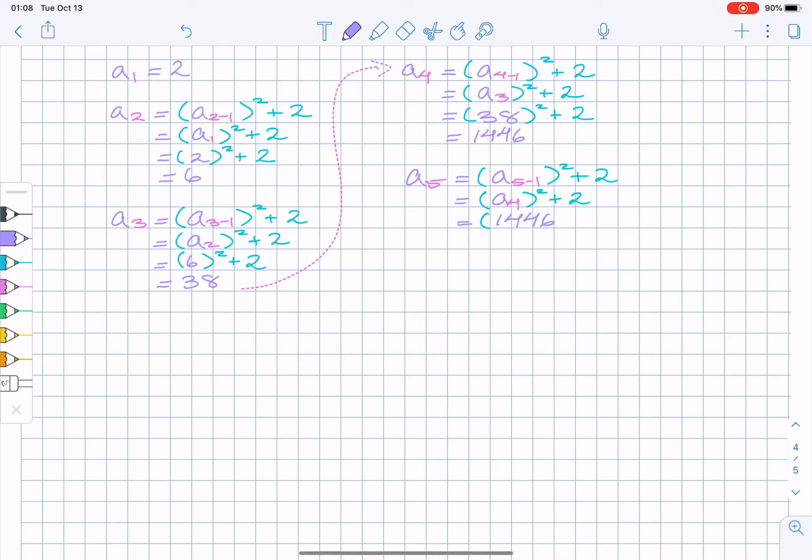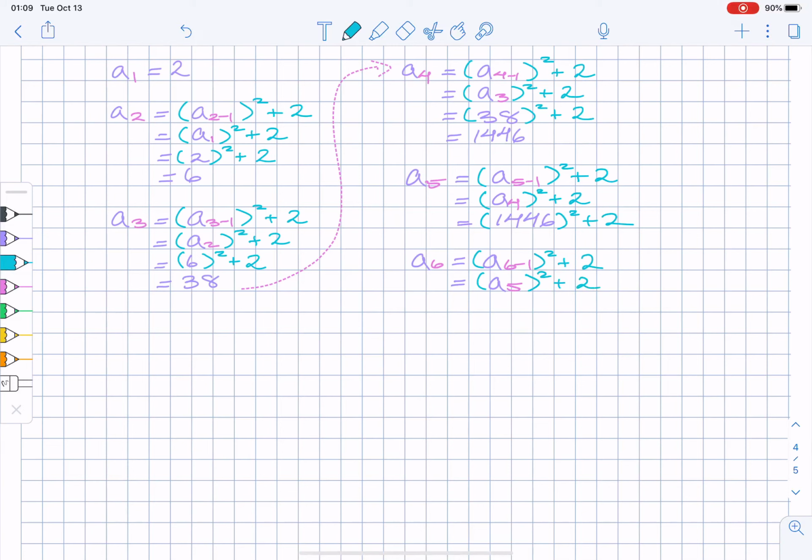1446 quantity squared plus 2, and just leave it like that. Similarly, a sub 6 can be written without actually evaluating it as quantity a sub 6 minus 1 quantity squared plus 2, which gives us quantity a sub, well, 6 minus 1 is 5, quantity squared plus 2.